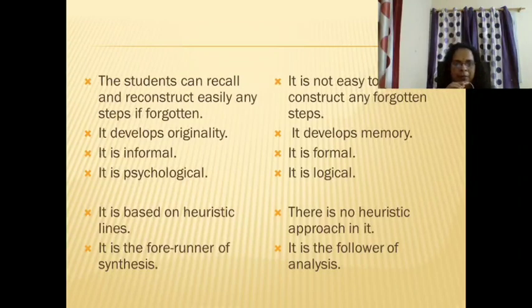It can be different also, but in order to come to that answer, the teacher can again ask many questions. But in the synthetic method, it is formal, because step by step it is already summarized there. So there is no gap for informal contact between the teacher and the taught.